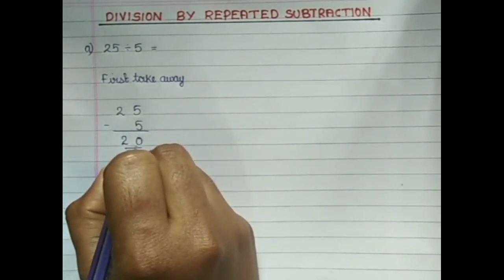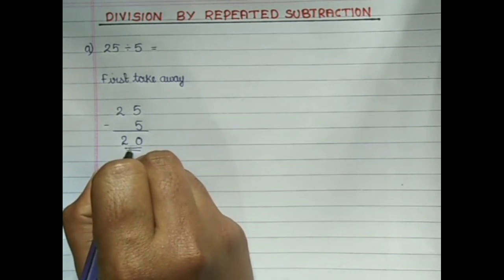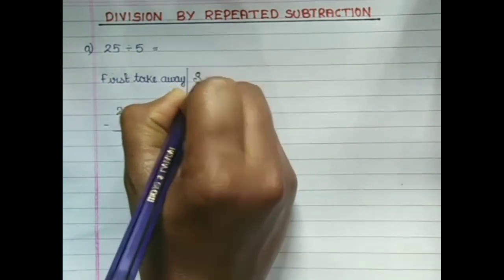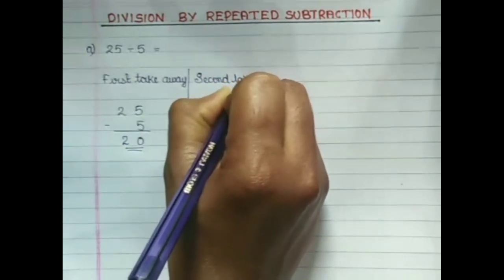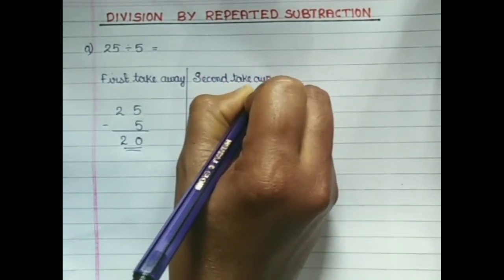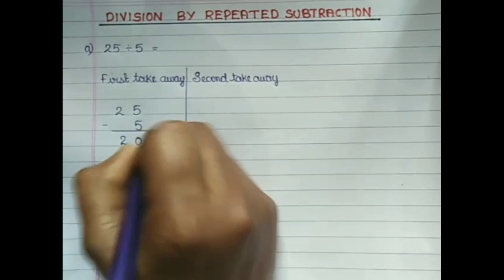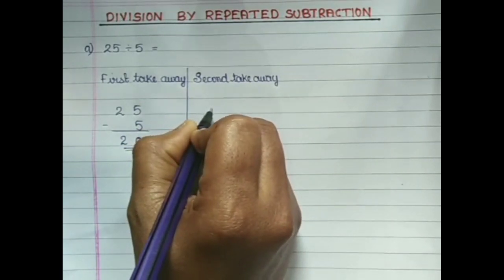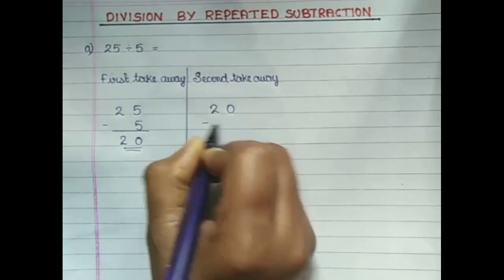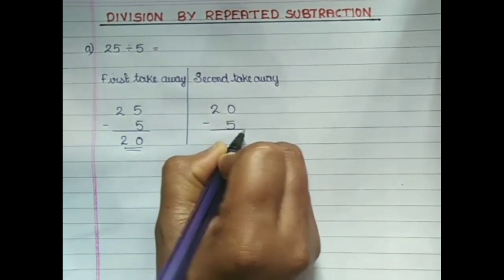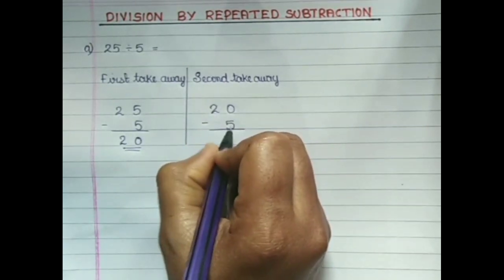Next, we have to take away the number 5 from the number 20. So we can write it as second take away. Subtract the number 5 from the number 20. So 20 minus 5. Now subtract 0 minus 5.